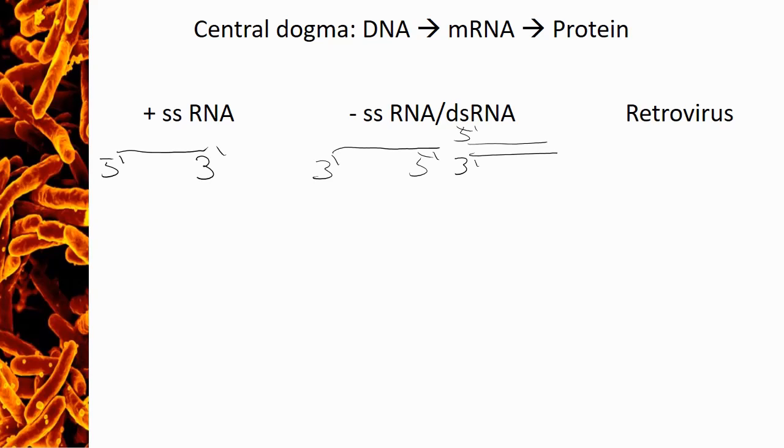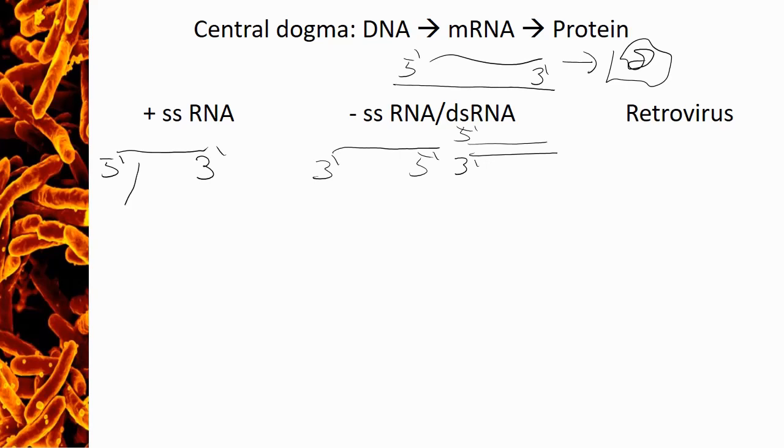If we go back to the central dogma, remember DNA is transcribed to messenger RNA, and the structure of messenger RNA is to run 5' to 3'. It is this structure that the ribosomes are able to recognize and translate into a protein. So when positive sense single-stranded RNA viruses enter the cell, you should notice that their genome looks the same as the messenger RNA.